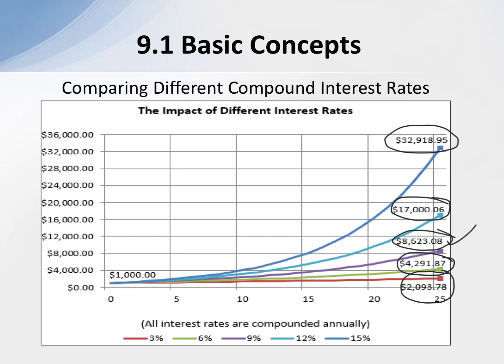So that same $1,000 invested for the same amount of time can have a very significant end outcome at the end of 25 years based solely on the interest rate. Anything from $2,093.78 for an interest rate of 3%, all the way to $32,918.95 with an interest rate of 15%.